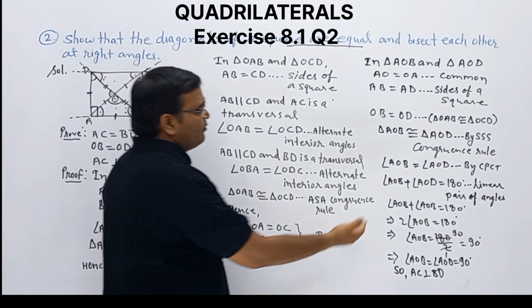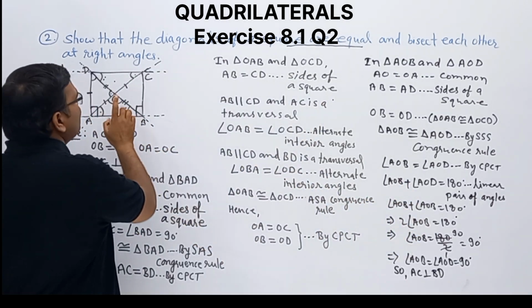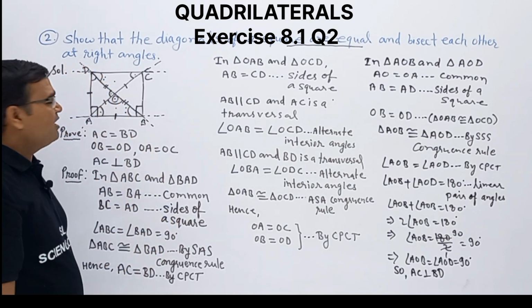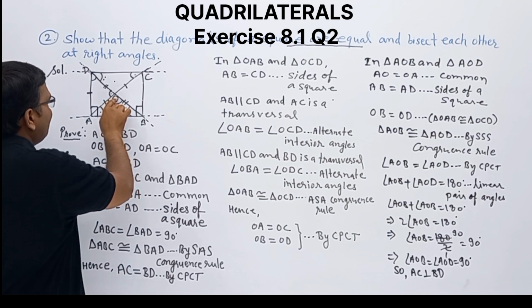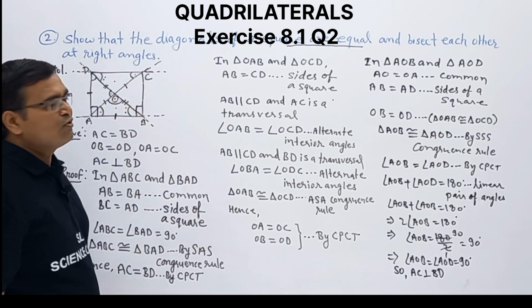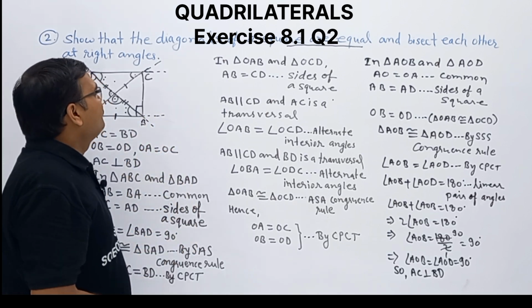So from this one we are getting angle AOB equal to what? 90 degree. This one is 90, it means this one will be 90 degree. Clear? So finally we are getting this angle is 90 degree, so we can say AC is perpendicular on BD. So we proved all the things we required.